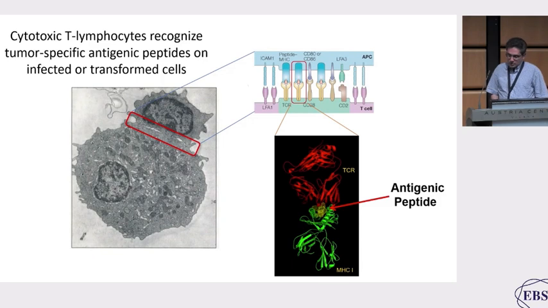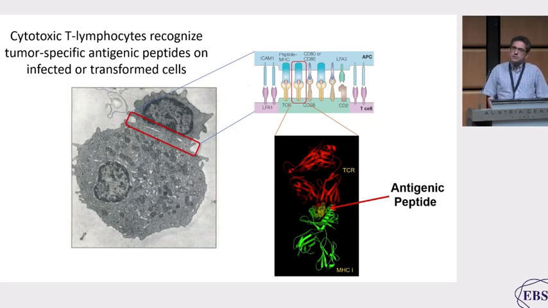So let's look with a little bit more detail on the molecular interactions that make this recognition possible. On the left, you have a T cell recognizing a cancer cell, and you can see that it forms a large interface called the immunological synapse. And in that interface, on the top right, you can see a series of molecular interactions between the two cells that drive specificity of recognition.